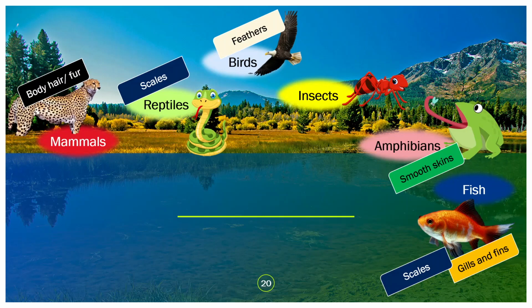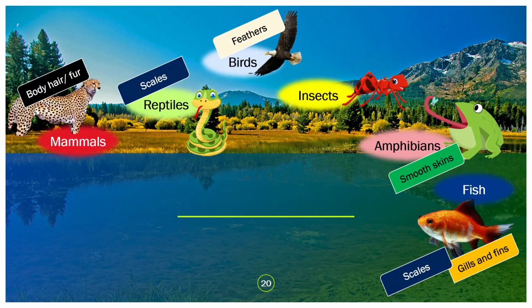Okay, and amphibians. Oh, can I mention here? You guys need to remember how to spell amphibians. I know it's a bit long and sometimes confusing, but try to remember.